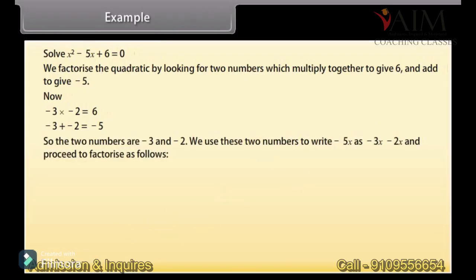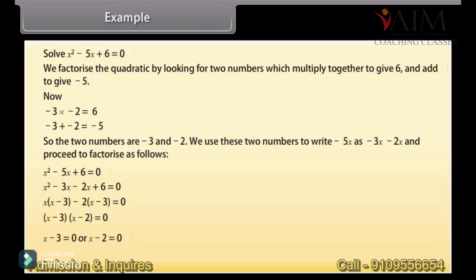So the two numbers are minus 3 and minus 2. We use these two numbers to write minus 5x as minus 3x minus 2x and proceed to factorize as follows. From which x minus 3 is equal to 0 or x minus 2 is equal to 0. So that x is equal to 3 or x is equal to 2. These are the two solutions.